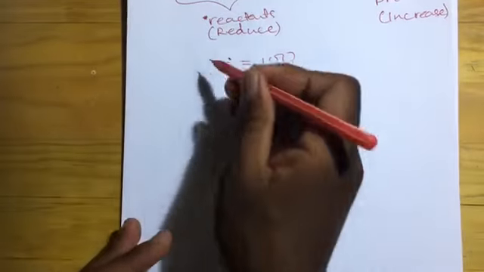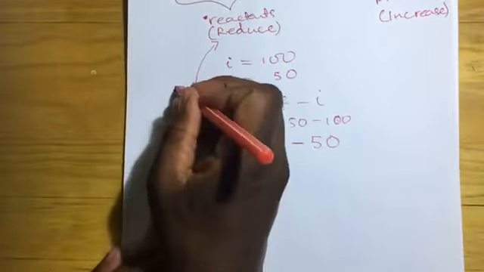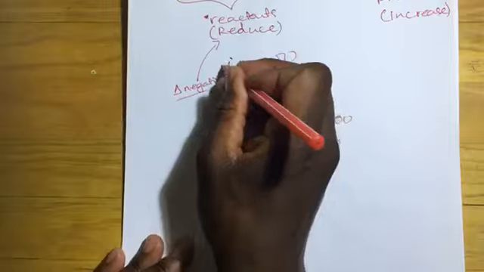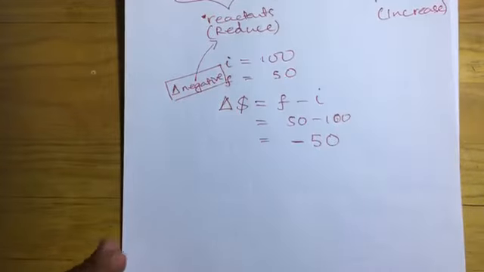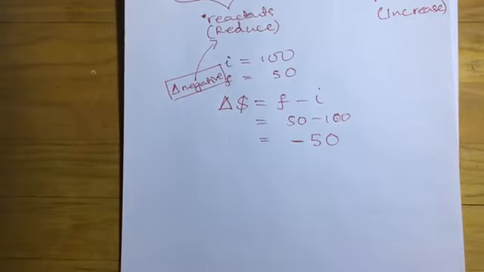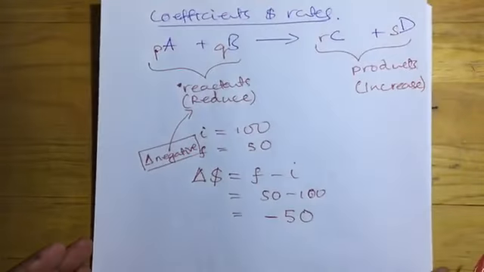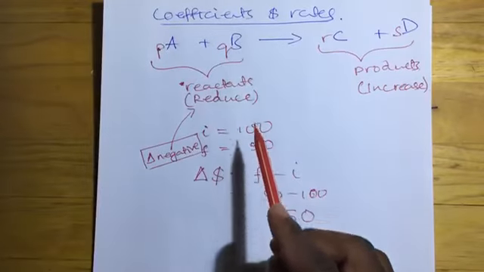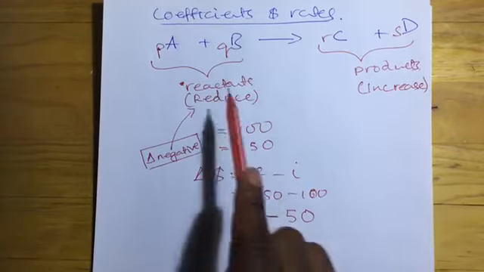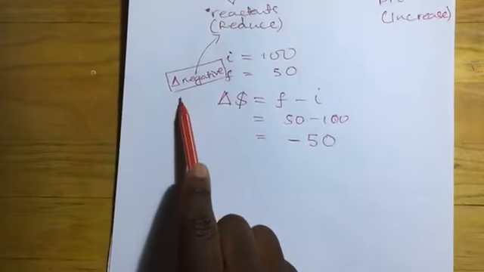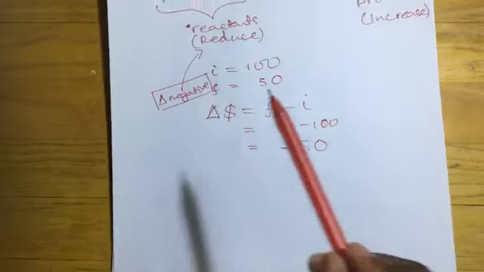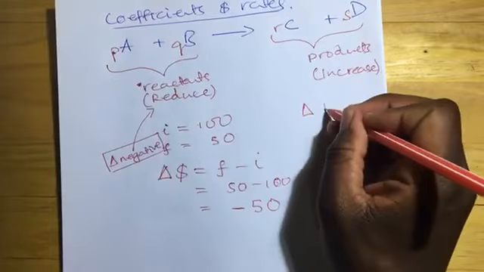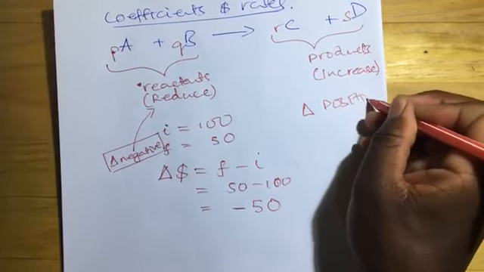So anytime something is reducing, the change is negative. Okay, pay attention to that part. Now, from this thought process, if something is reducing, its change will be negative. Then if something is increasing, then its change will be positive.